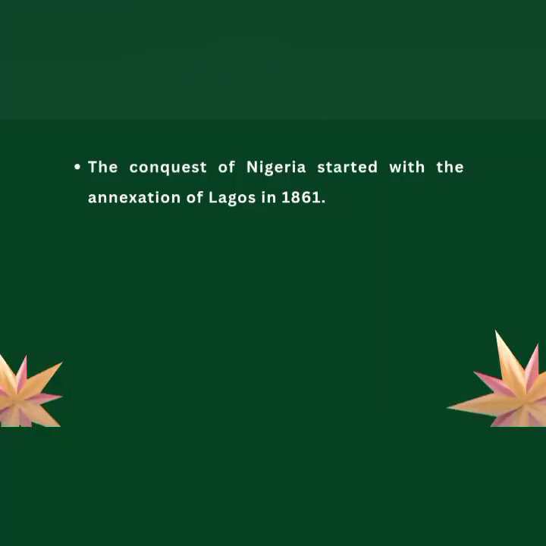Before Nigeria came under British control, the British embarked on the conquest of Nigeria. During the British conquest of Nigeria, Lagos became the first territory in Nigeria to be conquered by the British. The conquest of Nigeria started with the annexation of Lagos in the year 1861.